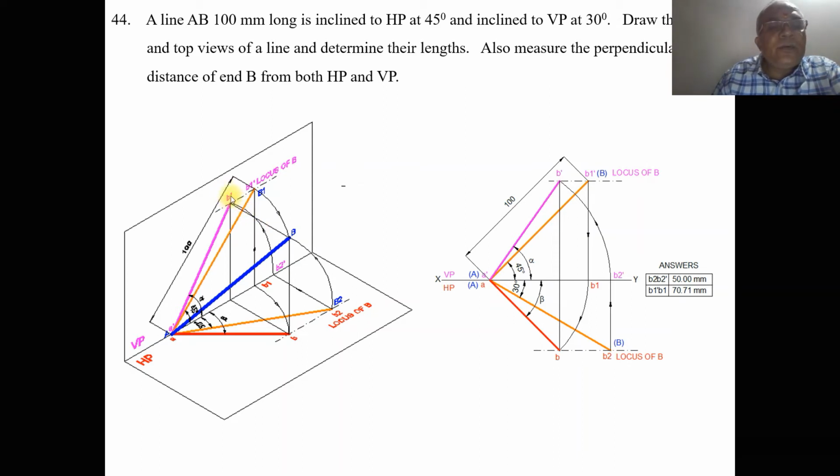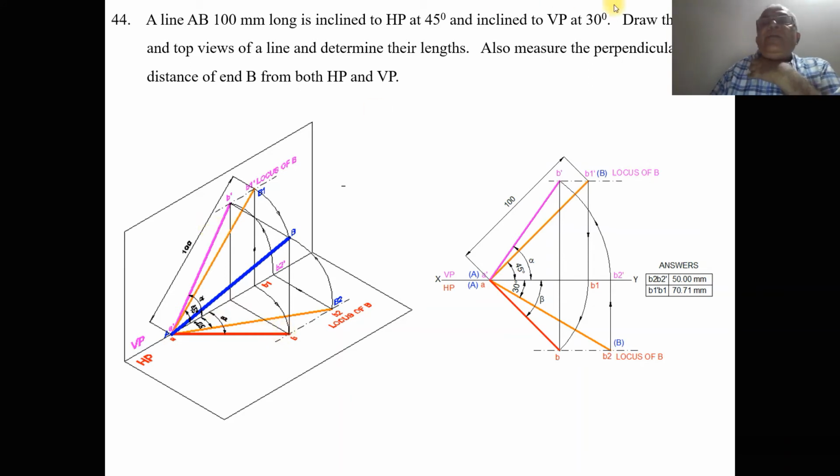So you will get this B dash. When it is projected, you will get this point capital B. So join A dash B dash with a dark line and denote the angle as alpha. So this is how you will be able to find the front view length and also the top view length.